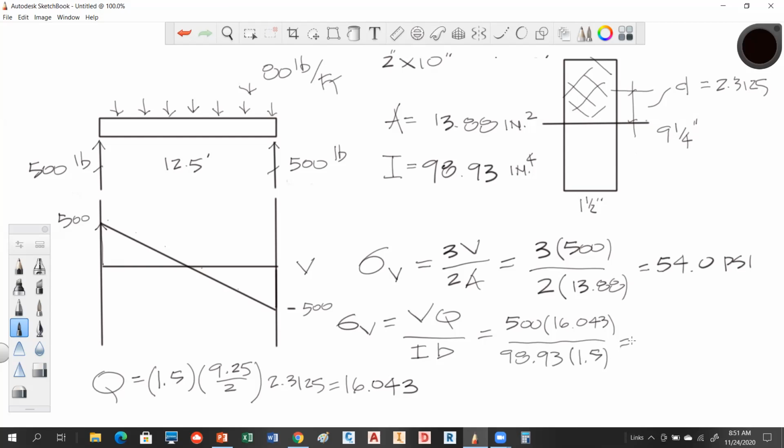Let's see. We get 54.1 psi. You guys agree with that?